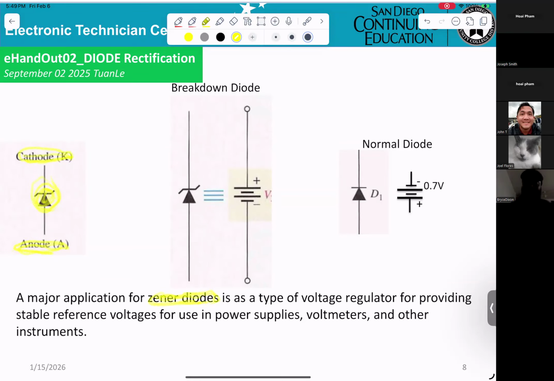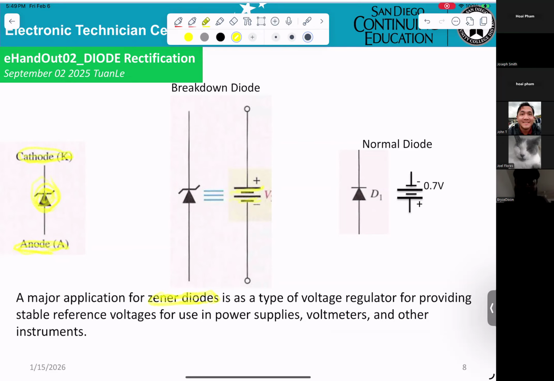Normally, when you say the Zener diode is on, it will be substituted by a battery. However, this battery equals VZ, the Zener voltage. For example, you go into an electronics store and want to buy a Zener diode, and they will ask you what the Zener voltage is.